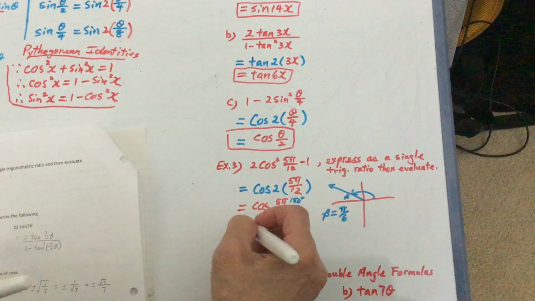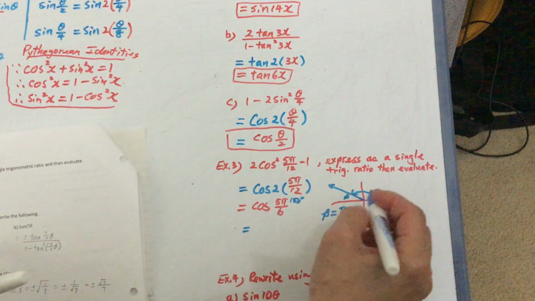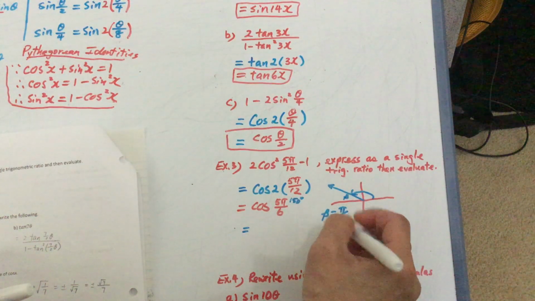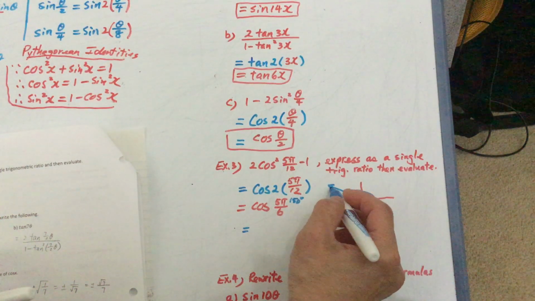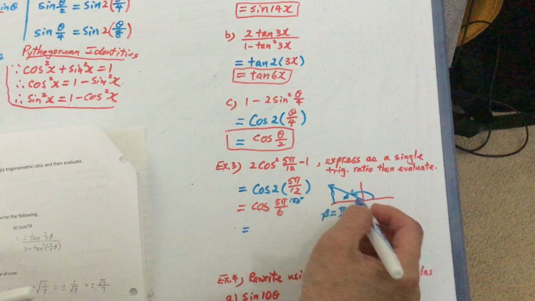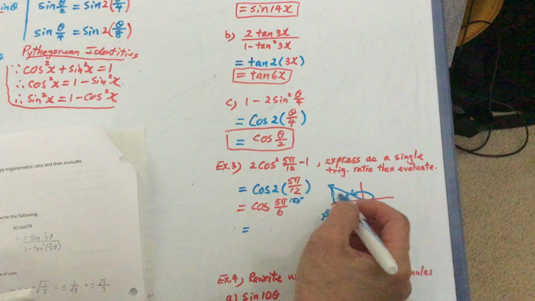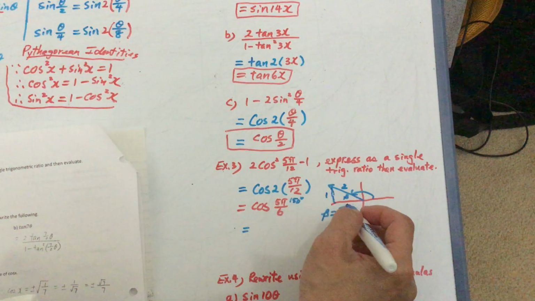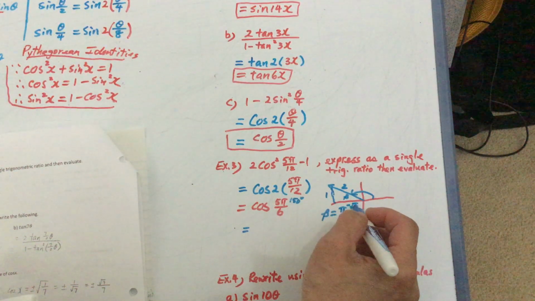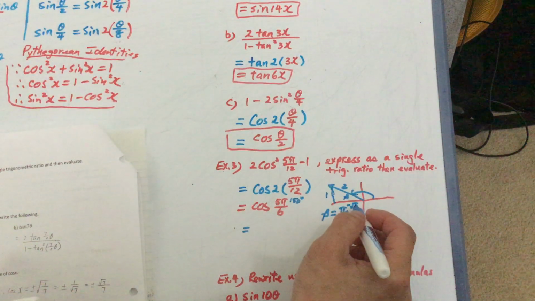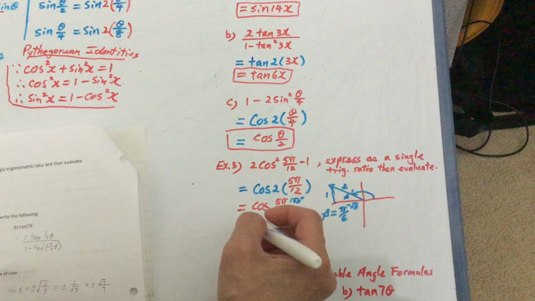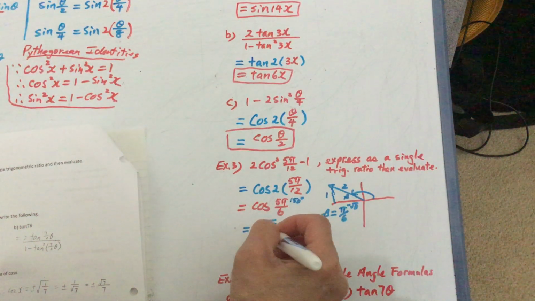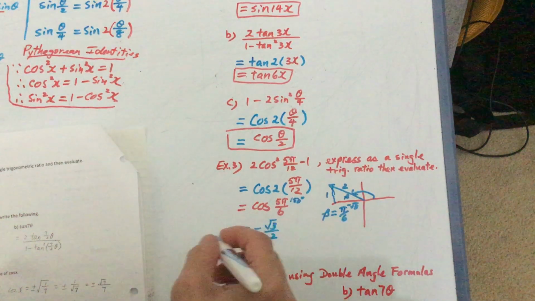Okay, and pi over 6, and you know that the side lengths of this reference triangle are going to be, so for 30, this is going to be a 1, this is a 2, this is a negative root 3. So cosine is going to be the negative root 3 over 2.